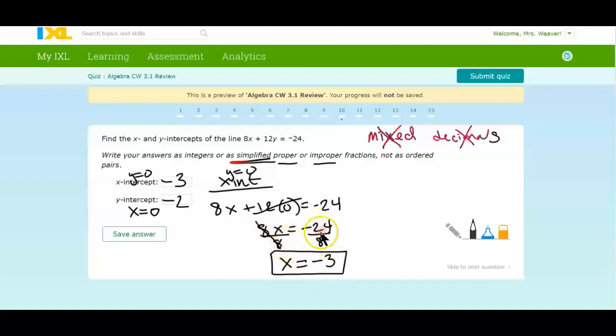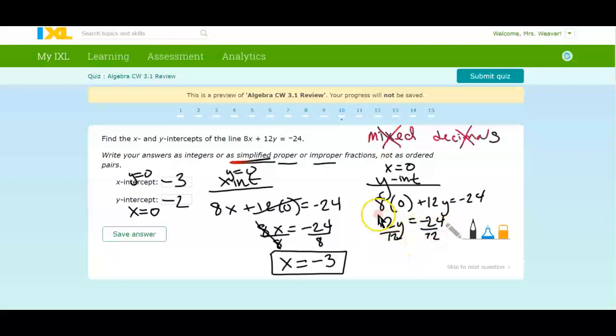And showing the steps of our algebra also helps us for our own error analysis and if we are getting help from someone else to help us analyze our errors. So here's the work for our x-intercept, here's the work for our y-intercept. Okay, and our answer's boxed, so they're clear and easy to spot.